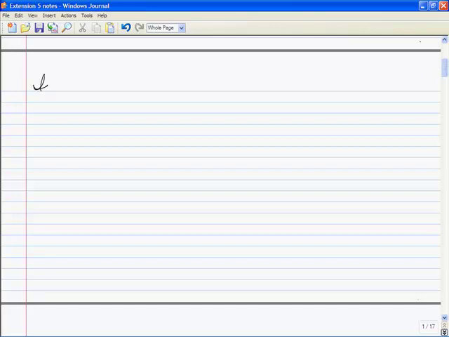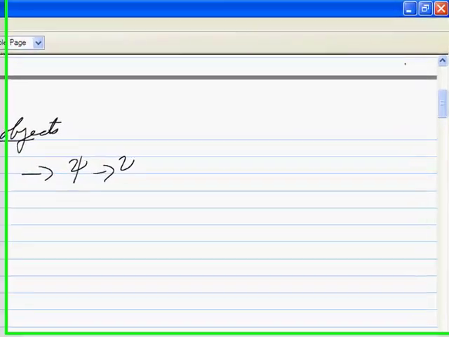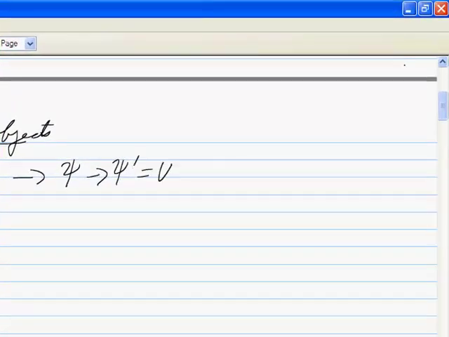We're going to do invariances of 2 objects first. So let's imagine we have 2 fields, psi is psi 1 and psi 2. What invariances are possible? Well, clearly the invariances would be psi goes to psi prime, which is U psi, with U dagger U equals 1. So that's an invariance.